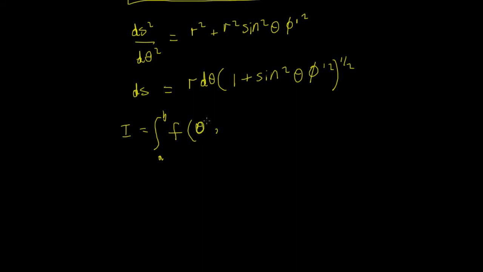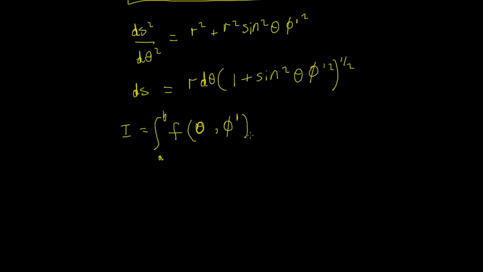In this instance, phi derivative is explicitly dependent on theta, but there's no explicit dependence on phi.